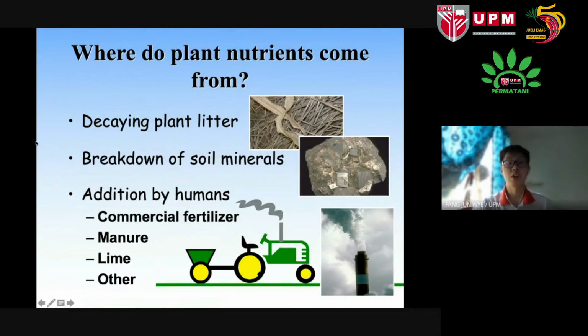The process is called decomposing. Decomposing is a process where dead living things are transformed into nutrients that a plant can obtain for much better growth, so the plant grows healthy.